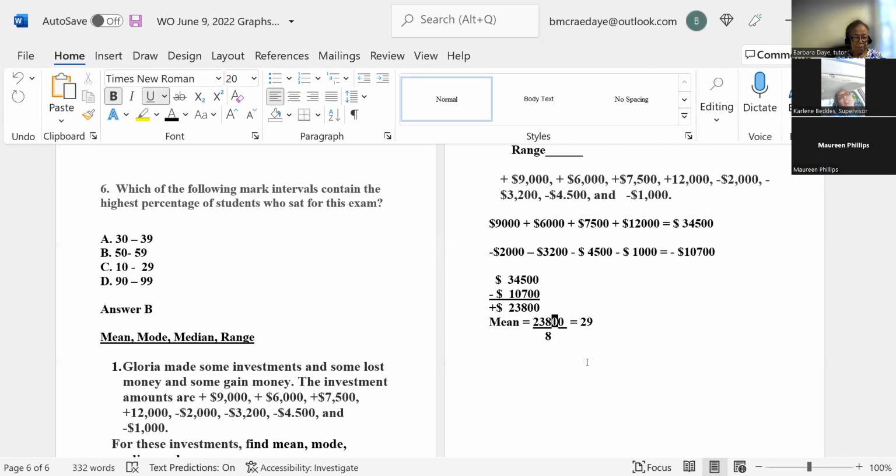I get 2.975. Say it again. Not 2 point, these are thousands. So what do you get? Put 23,800 in the calculator and divide it by 8.